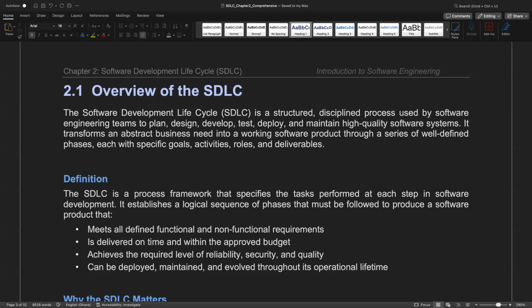Then it has achieved all the characteristics we mentioned in our previous meeting, in terms of the good attributes of the software. Then we can get it deployed and maintained, with the ability to scale or update throughout its lifetime.